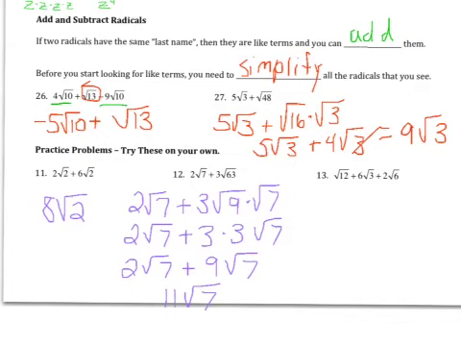And finally, let's take a look at number 12. We have root 12 plus 6 root 3 plus 2 root 6. Well, we can't simplify 6 root 3 or 2 root 6, but we can break up 12 as the square root of 4 times the square root of 3.